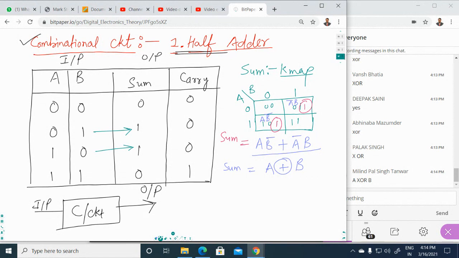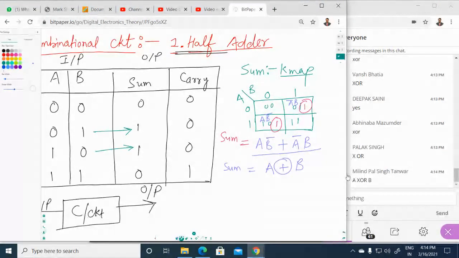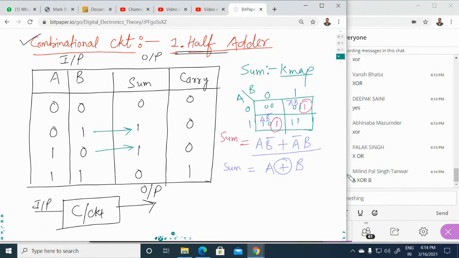Now you have to perform the same operation for carry also. So take the K map for carry. Create a K map.